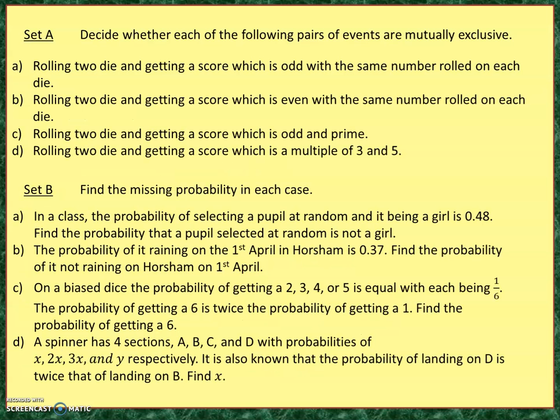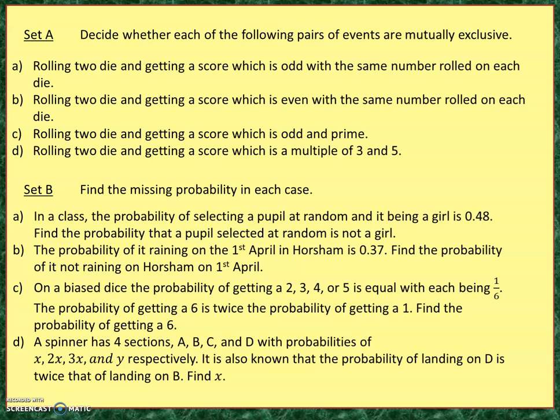So two sets of questions to have a look at here. First set is just about deciding whether or not two events are mutually exclusive or not. So just to remember, think about the two events. Can they both happen at the same time? If the answer to that question is no, then they are mutually exclusive.